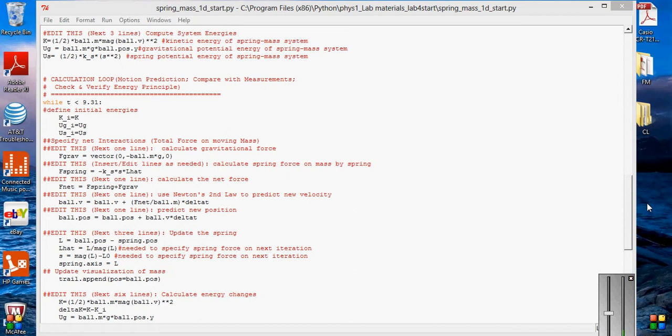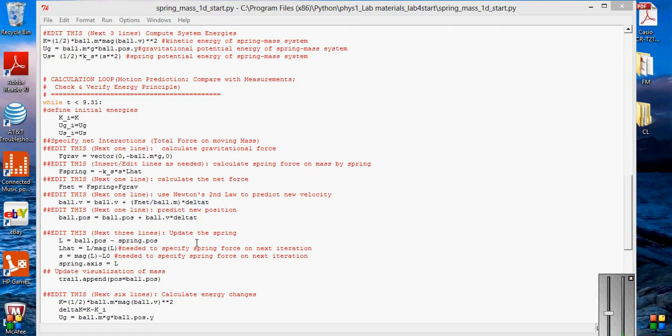So we then set the total time of the oscillations and set our initial energies, and we know that the force of gravity is only in the y axis, so it'd just be negative ball.m times g for the y. And we know the force of the spring, we know F net as we already stated. So we solve for the velocity at each instant using Newton's second law, and update the ball.position.